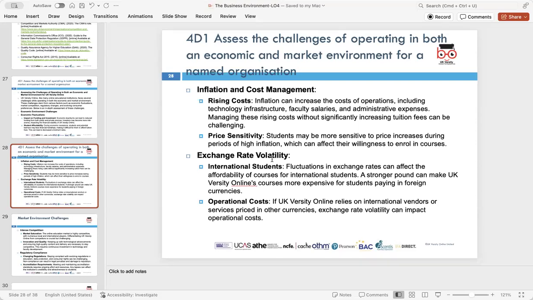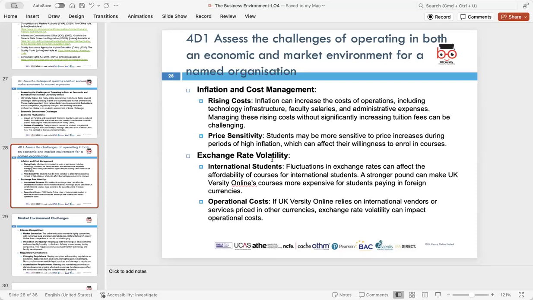Operational costs. If UK Varsity Online relies on international vendors or services priced in other currencies, exchange rate volatility can impact operational costs. Changes in exchange rates can lead to higher costs for essential services, technology, or materials sourced from abroad.